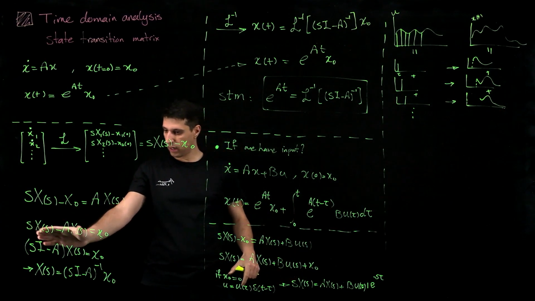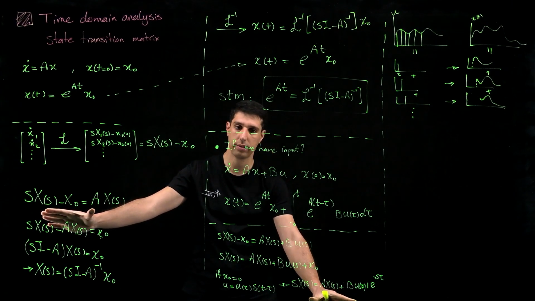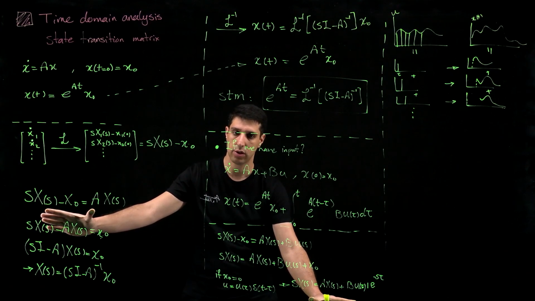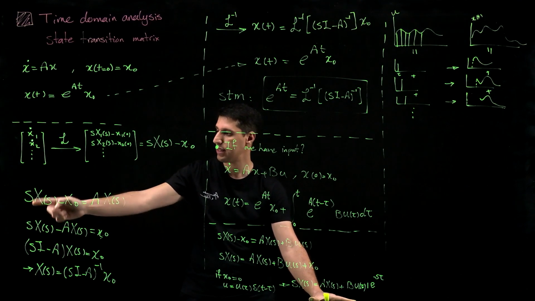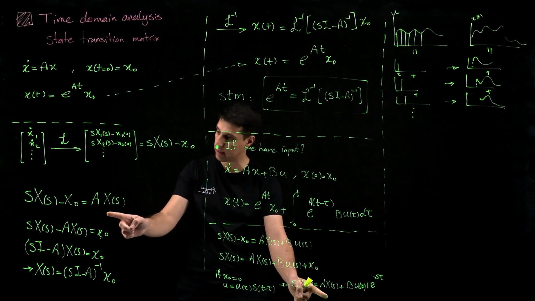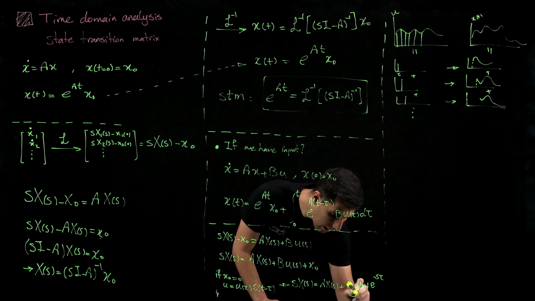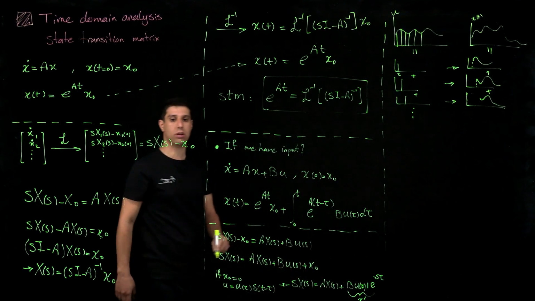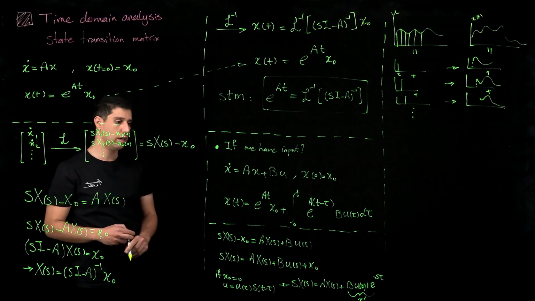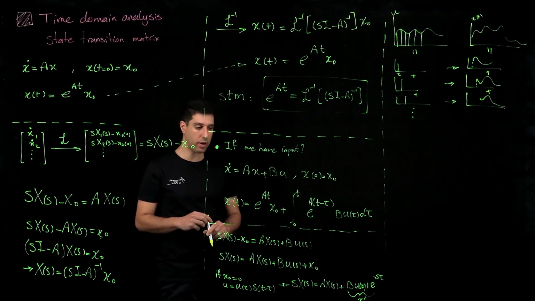But compare this equation with that equation. So s x of s, s x of s, a x. So this means that this one acts similar to some kind of initial condition. Let's call it x naught prime.